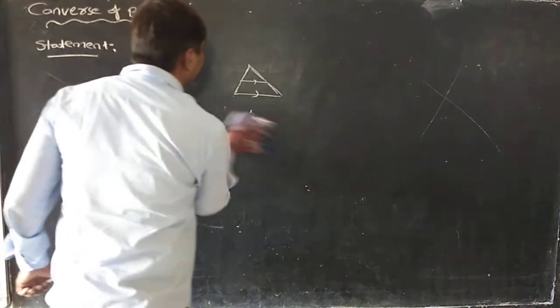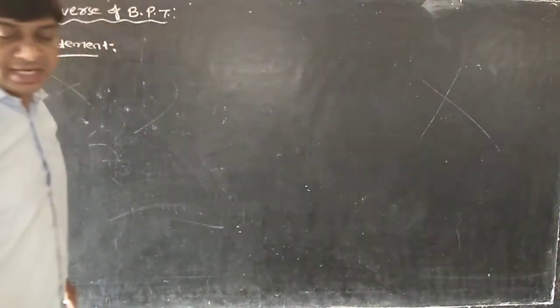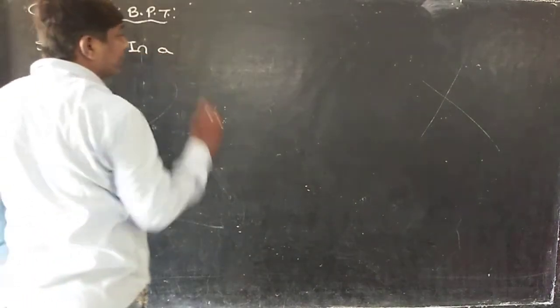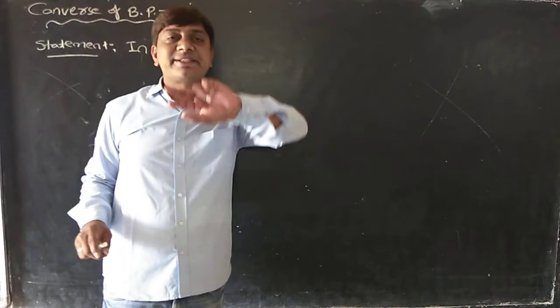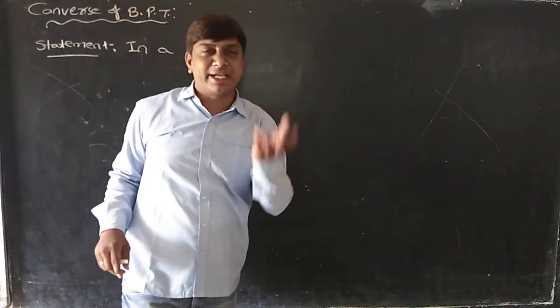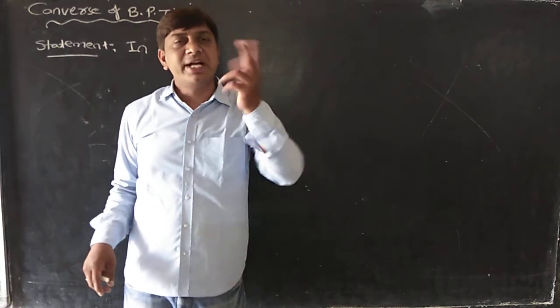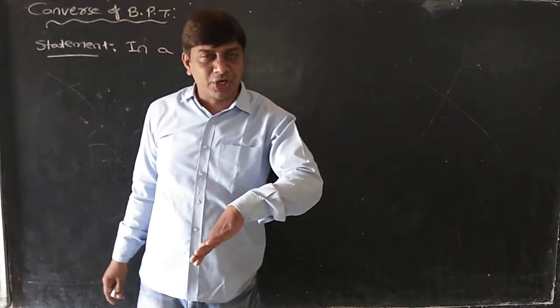The statement of this theorem: in a triangle, a line divides two sides of the triangle in the same ratio, an equal ratio.